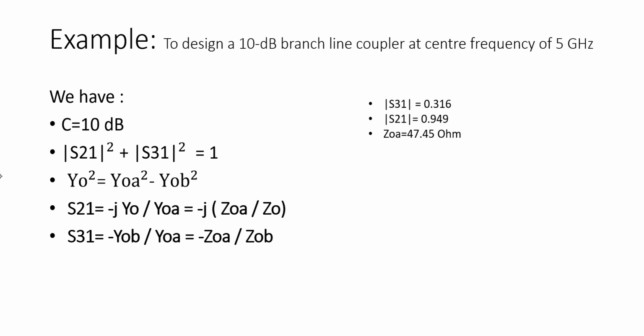To design the BLC, we need the impedances: Z0A as 47.45 and Z0B as 150 ohm. These are the crucial information, because in the Serenade design we need them. These are the things we will carry forward to our Serenade design, so remember them.